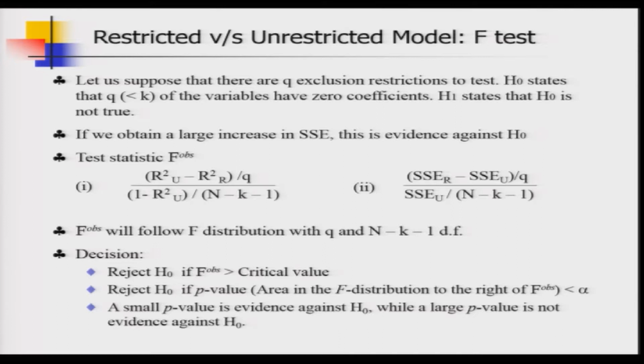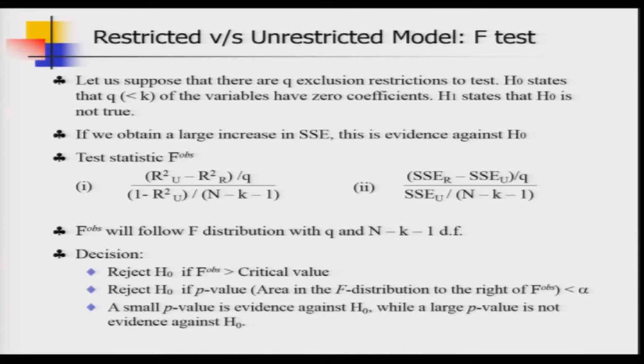As I showed you in the last slide, I expect an increase in the sum of squared errors if I put restrictions on my mother regression or unrestricted model, and if I end up getting a very large increase in SSE, then that is evidence against H naught.